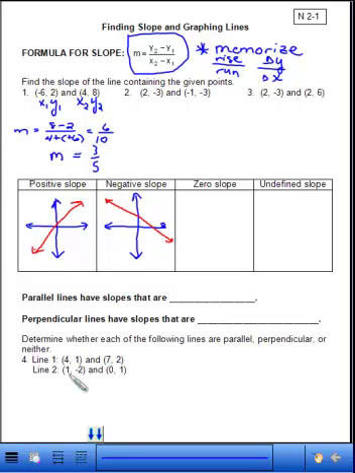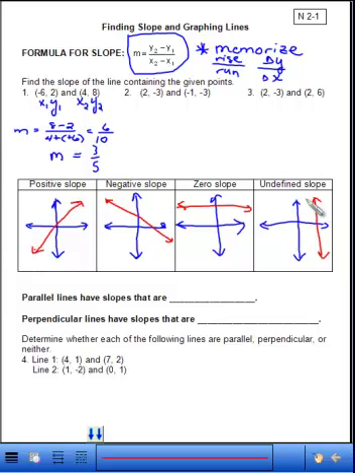A zero slope line is horizontal, straight across, and an undefined slope line, I'm just going to go ahead and put these out before I do these last examples. Undefined slope is a vertical line, straight up and down. Okay? So those are the slopes that you're going to encounter, and you need to be able to recognize when you find the zero and the undefined slopes.